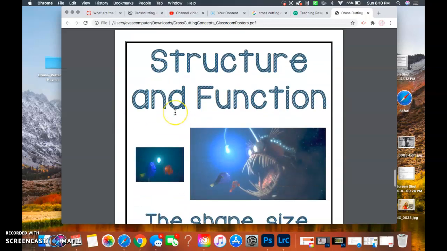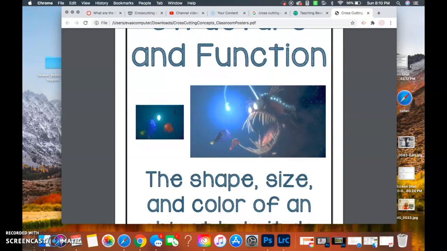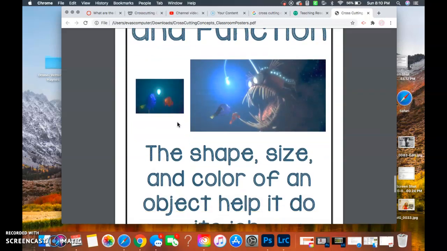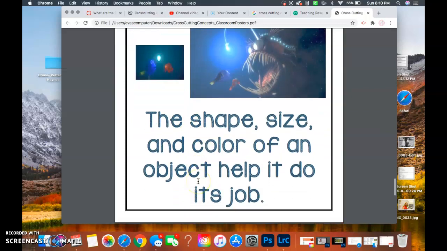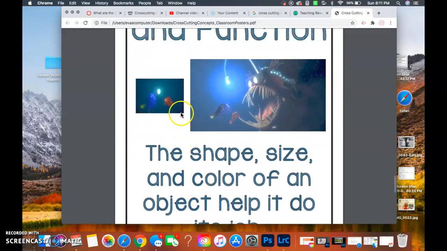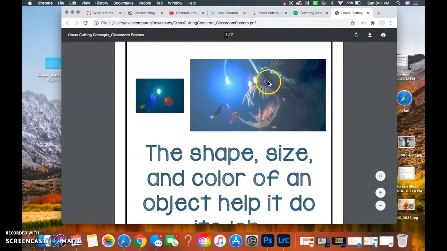You've got structure and function. I really like this one because structure and function determines how something behaves. The shape, size, and color of an object help it do its job. Look right there. You can see there's just a light, and that light is very mesmerizing to Dory and to Nemo. Or actually, this may be Nemo's dad. I can't really tell. But when they get close, it's an anglerfish.